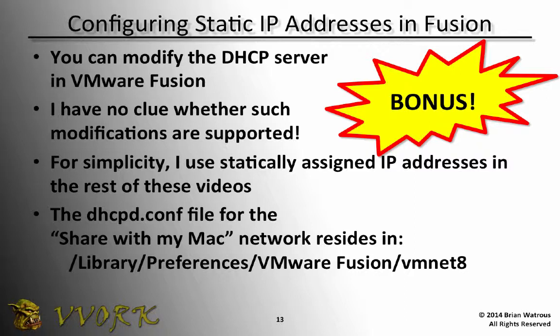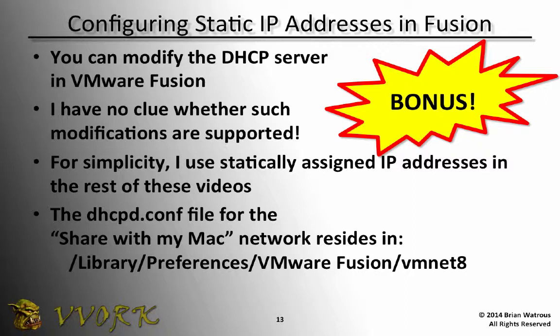All right, so continuing onwards here. Third bullet, important point. This bonus stuff that I'm showing you here is actually not relevant to the rest of the videos. In the rest of the videos, I'm not using the DHCP server that's baked into Fusion at all. I'm just using statically assigned IP addresses, such as the ones that we saw when we configured named and DNS.